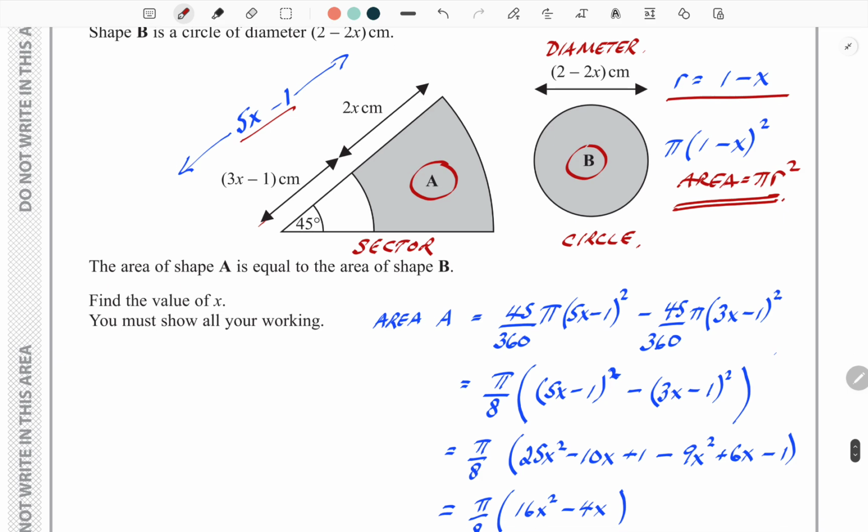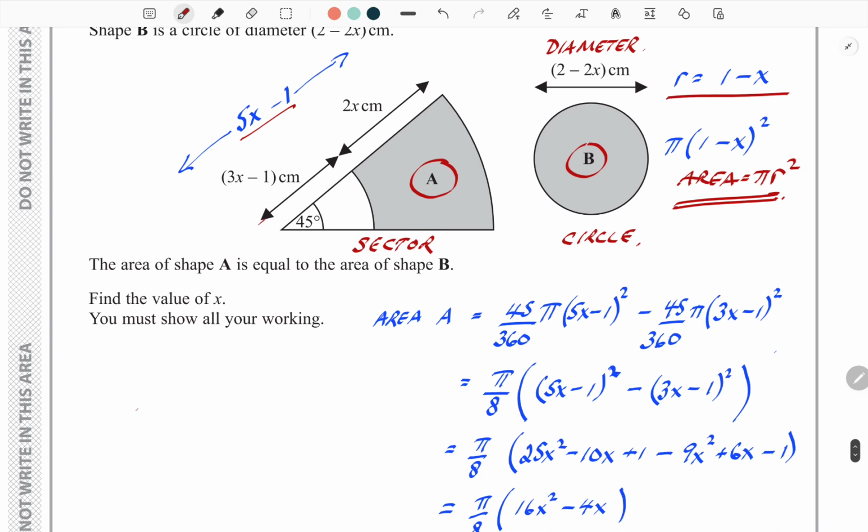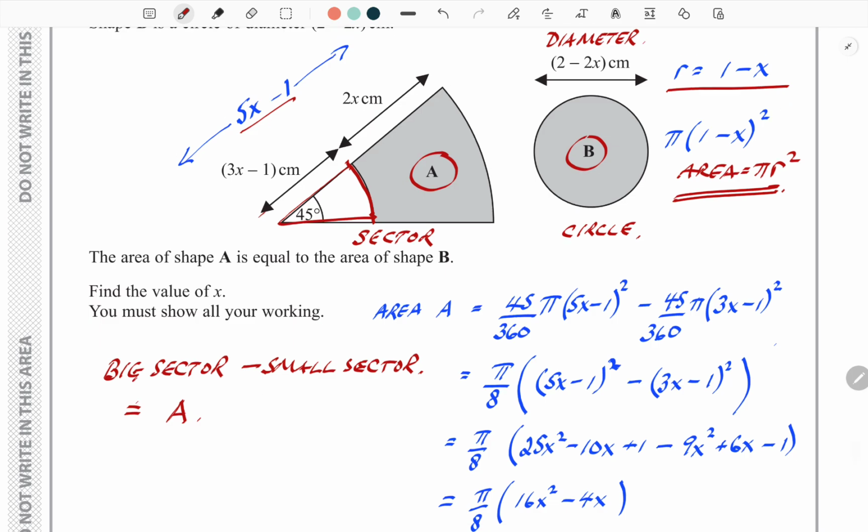So if you take away the small area, find the big sector minus the small sector equals area A. So we're going to apply the two different sector sizes, the radius.